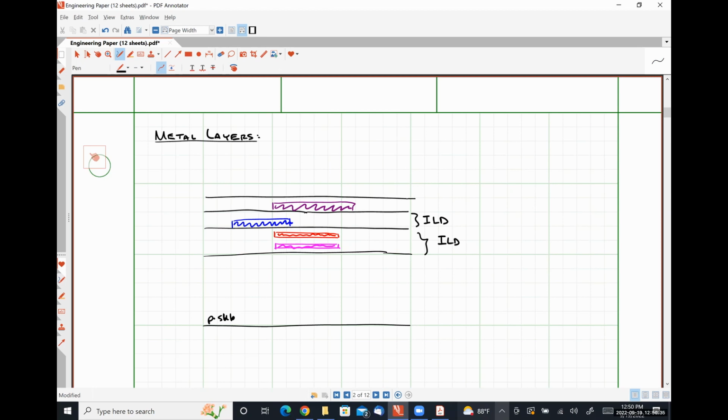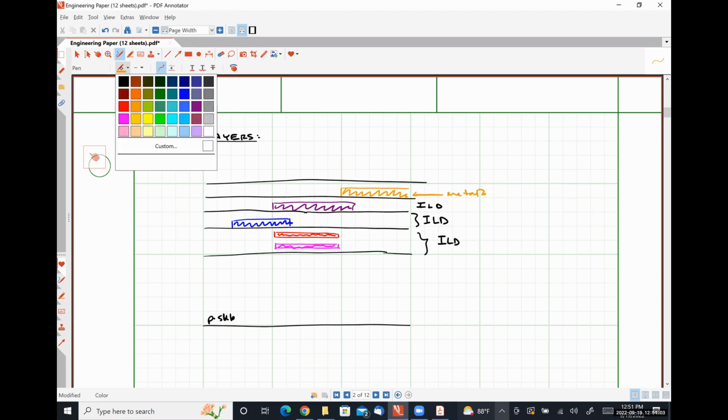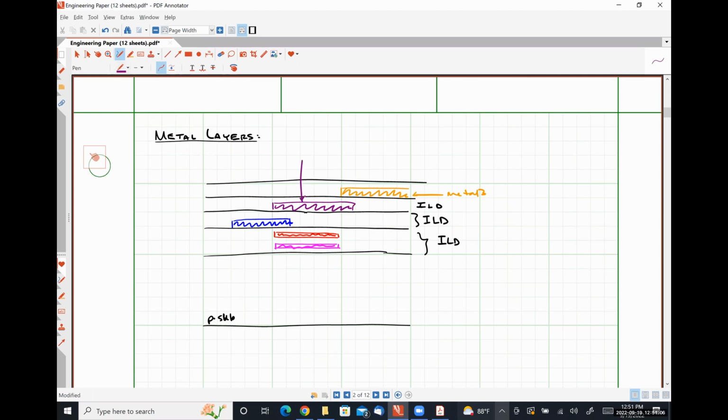Interlayer dielectric. And then we have our metal 3 layer. And for a C5 process, we only have access to these 3 layers. So let's label this stuff metal 3. Metal 2. Metal 1.